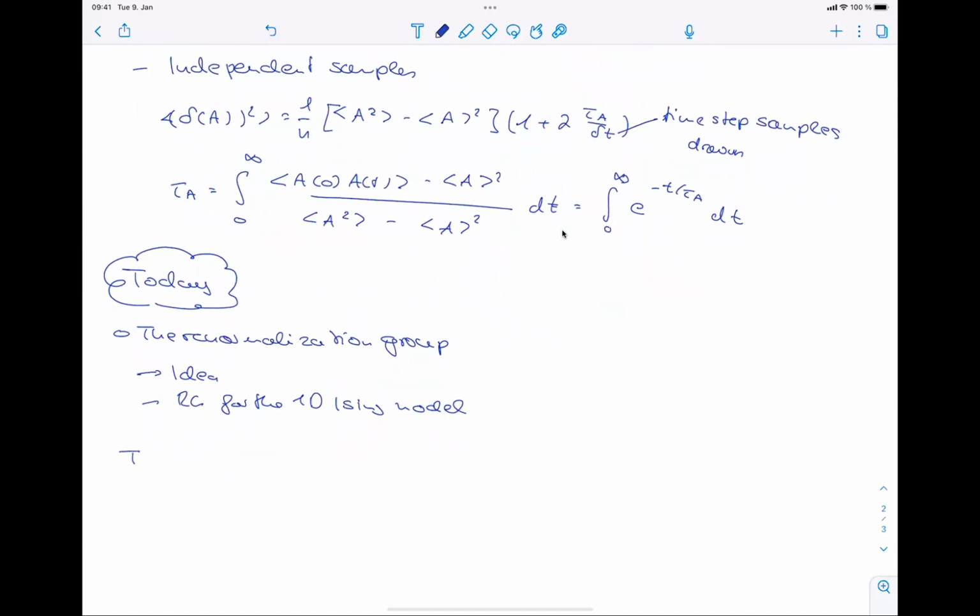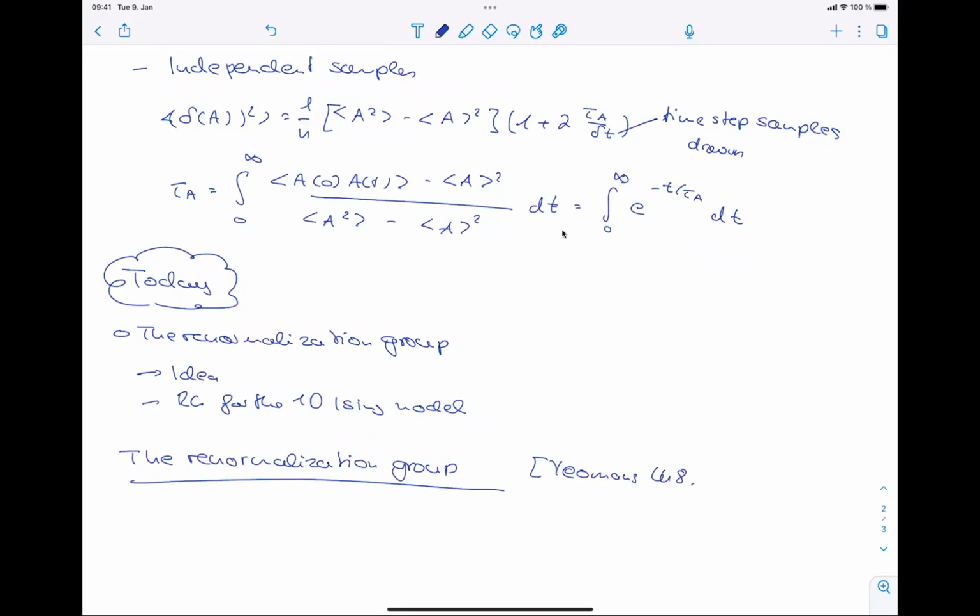So let's get started. The renormalization group. And here I'm following Newman's chapter 8 and chapter 9.